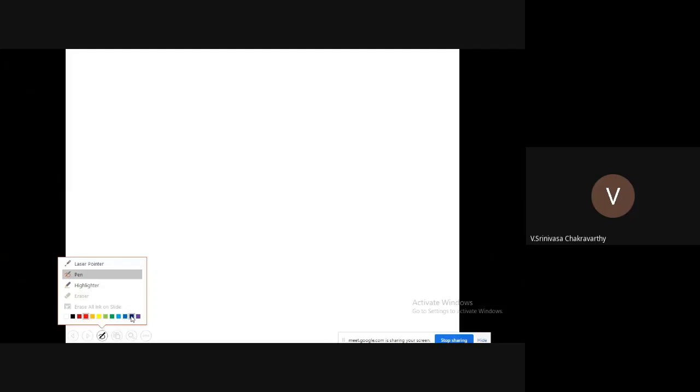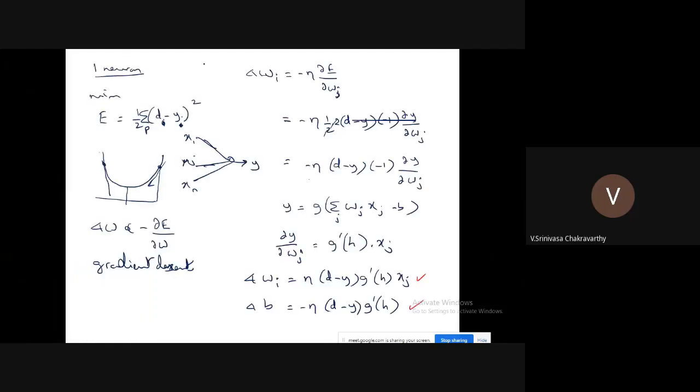Okay, so delta w is eta times d minus y g prime h xj and delta b is equal to minus eta d minus y g prime h. Whereas in case of linear discriminant function, we got delta w is equal to eta times. So this d minus y we don't have in case of linear discriminant function.